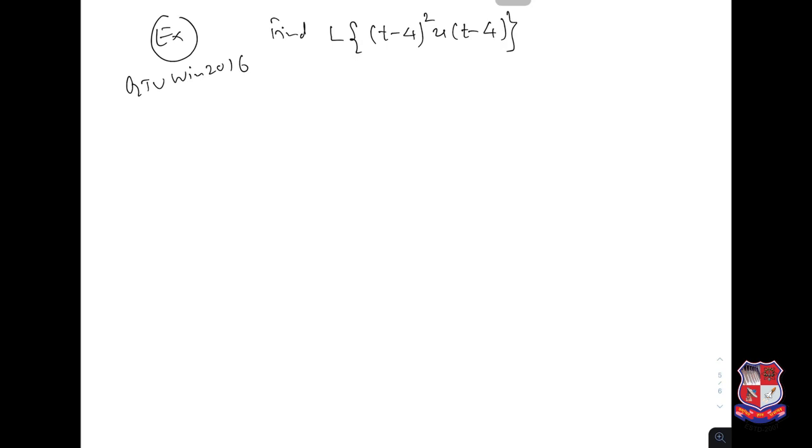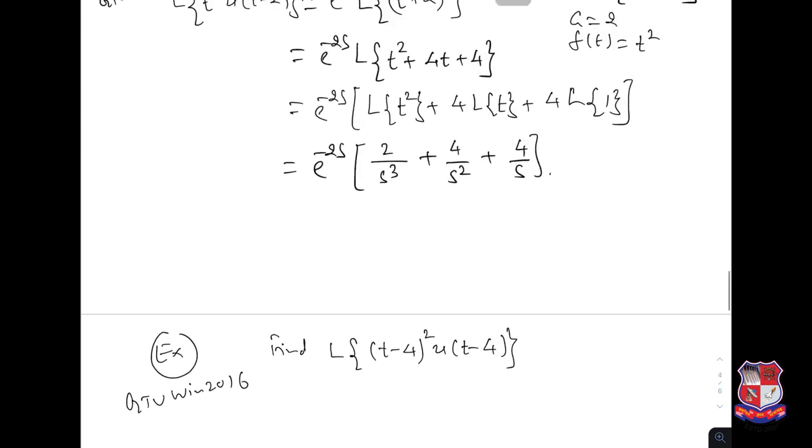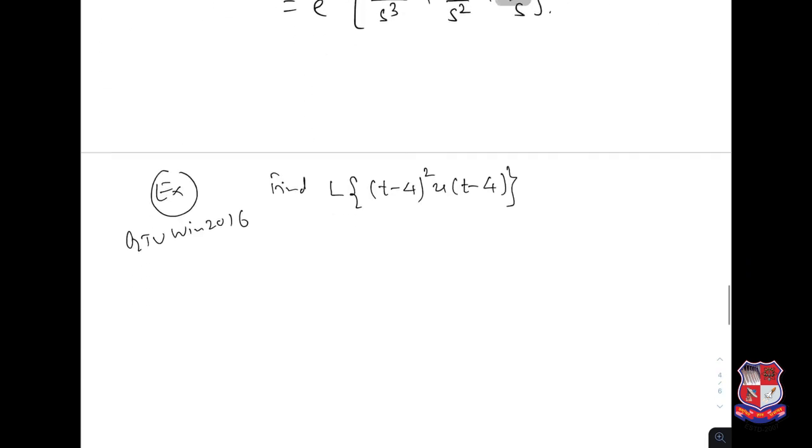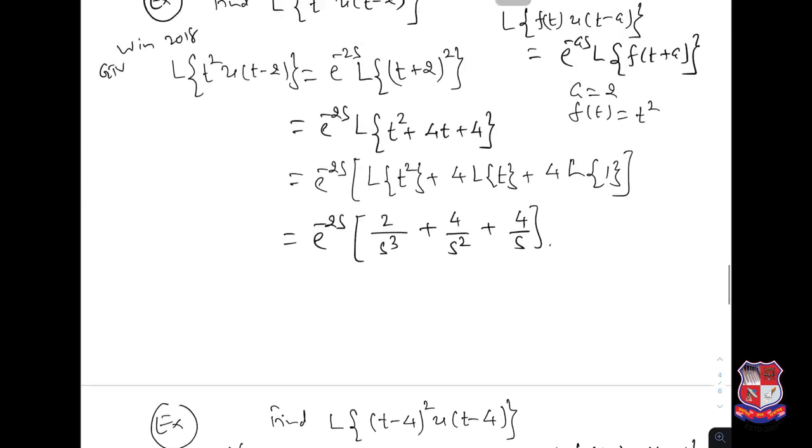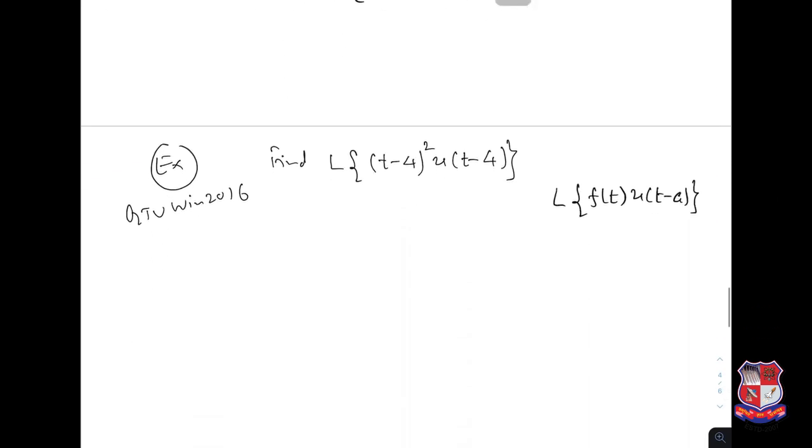Okay, you can use the same result here, no problem. You don't need to remember both. Laplace transformation of f of t u of t minus a is equal to e power minus as Laplace transformation of f of t plus a. Same result you can use.